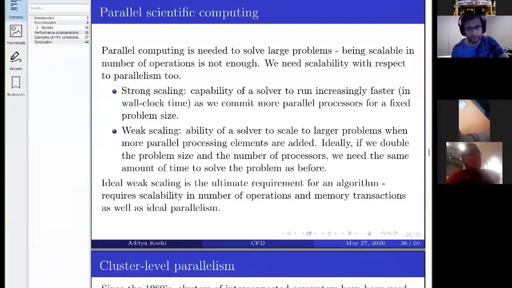So if we double both things, it should be solved in the same amount of time. That is the ideal goal, the optimal. For ideal weak scaling, we would need an algorithm that scales well with respect to the memory operations and arithmetic operations, but also has ideal parallel scalability. This is a difficult thing to attain in general.